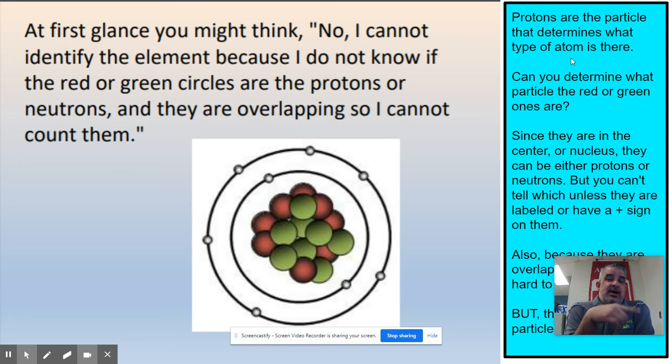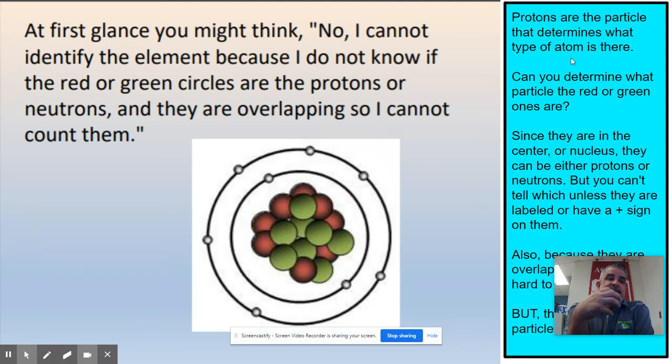And we know that electrons are outside the nucleus, okay? So you can't tell which is which for a couple of reasons. One, they're not labeled. Two, there's not a plus sign on the protons because protons are positively charged. And because it's kind of drawn in 3 dimensions, you can't really determine how many total are in there because they're overlapping. And so it's kind of hard to determine that, all right?